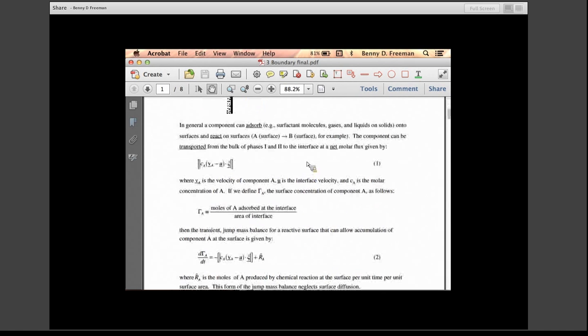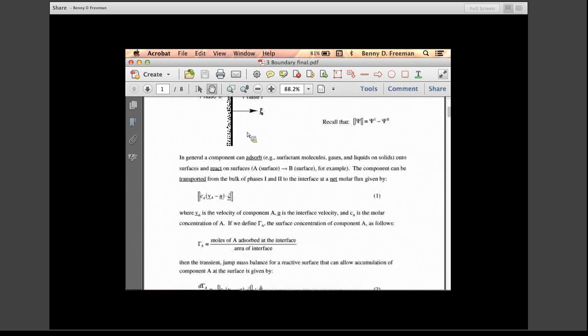If you think on a molar basis, the net rate of transport of a component A from phase 2 into phase 1, we can express by the equation that's shown here. This is just a slight variation from the one that we derived for the total mass balance at the phase interface. It's written in molar coordinates and now applies only to a species, but you can derive that.